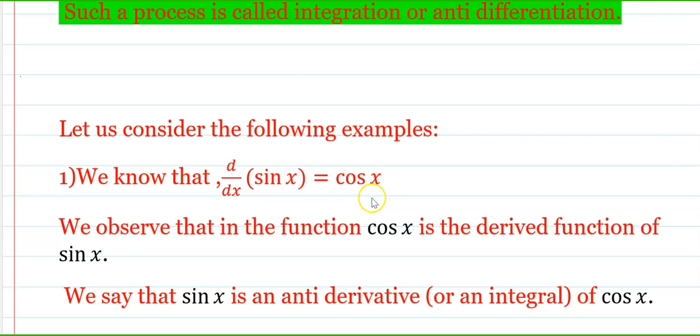That is nothing but sin x. Therefore, the integral of cos x is sin x. We observe that the function cos x is the derivative of sin x. Therefore, we say that sin x is an antiderivative of cos x, meaning the integral of cos x is sin x.